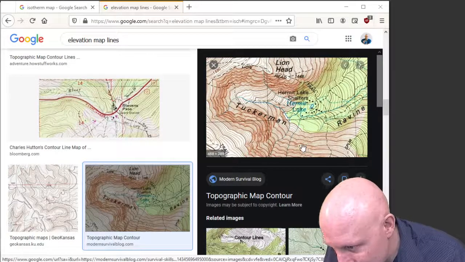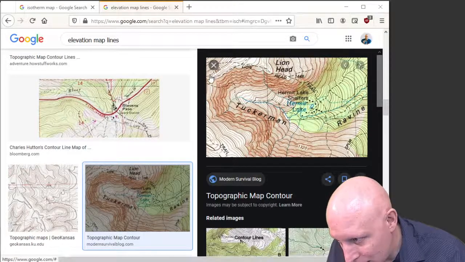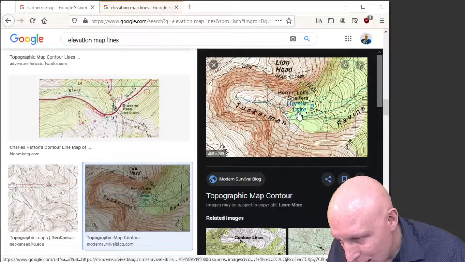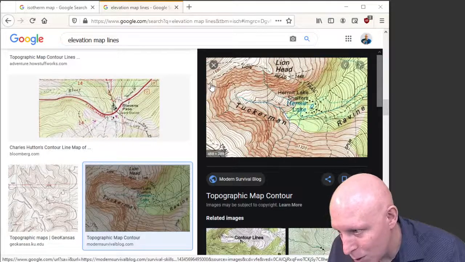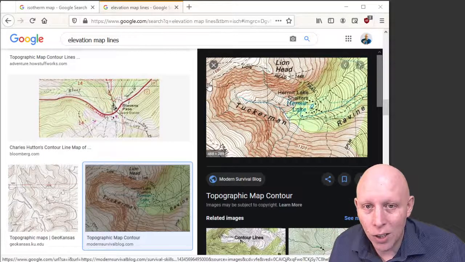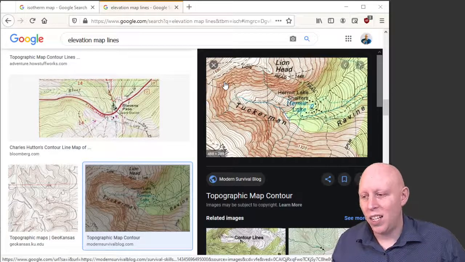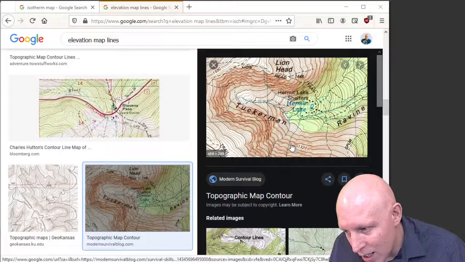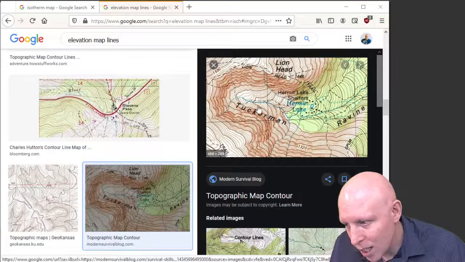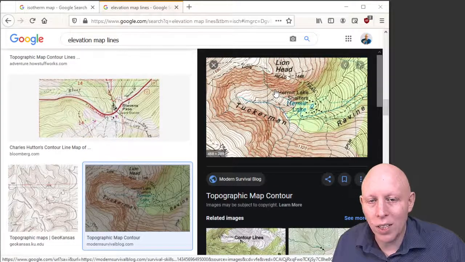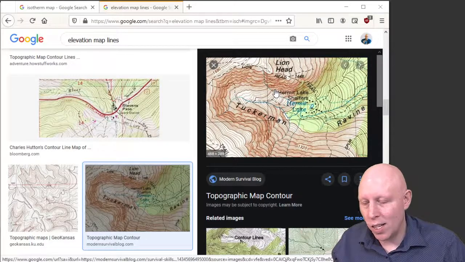You can see these numbers here, 1320, I think in feet, and 1590 up here. That's saying as you walk along this path, your height here is 1320, and if you keep going, you'll get up to 1590 up here. So if you walk along these lines, you're going to stay at the same elevation. You're not going up, you're not going down.